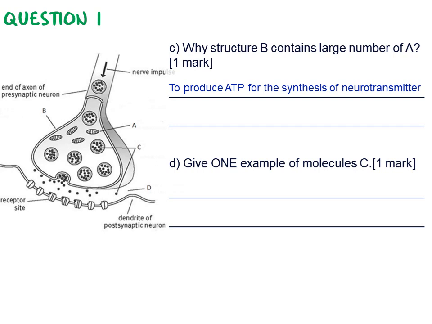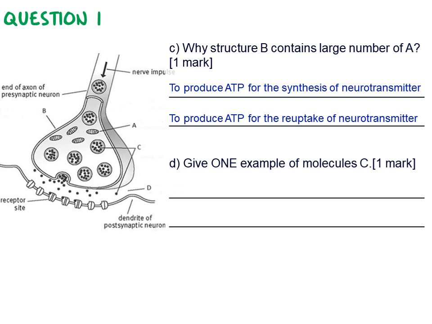To produce ATP that will be used in synthesis of neurotransmitter. Okay, or you also can answer as to produce ATP for the reuptake of neurotransmitter from synaptic cleft.